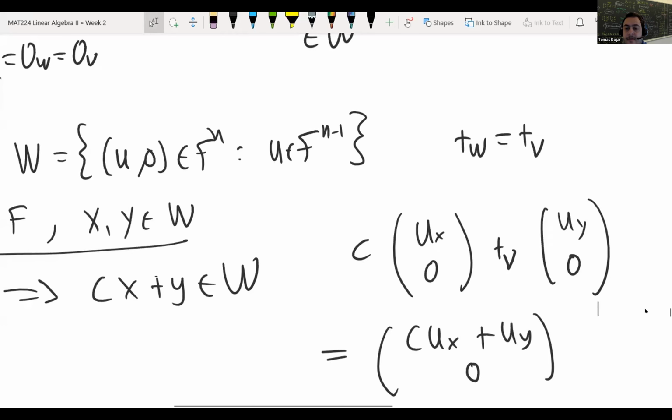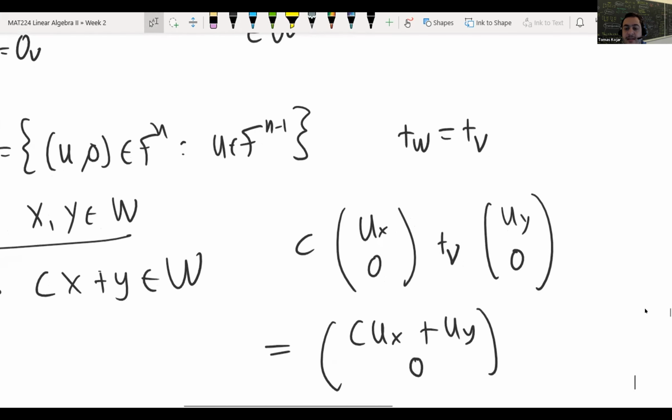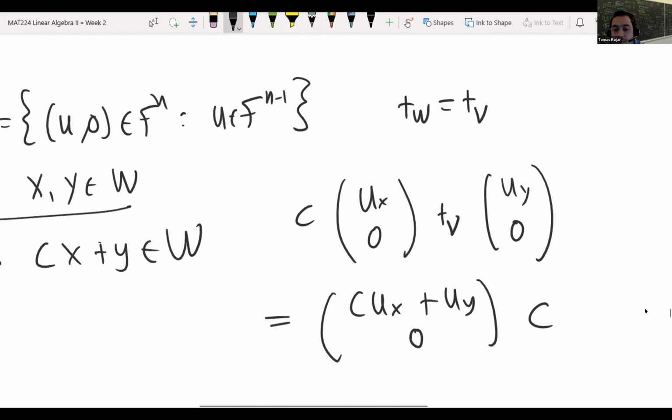Okay, so can someone tell me why this is an element of W in the chat? Can someone guess? Because it has the 0, that's all. Yeah.